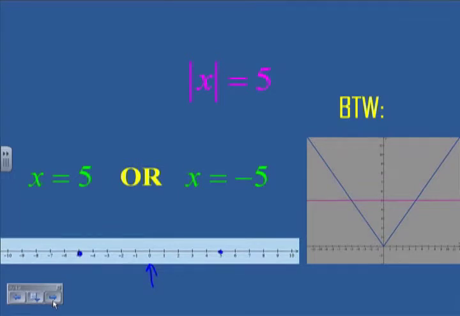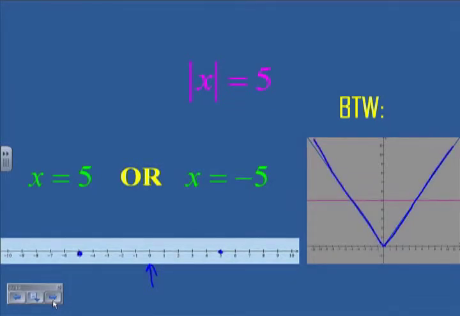Now, by the way, I decided to give you another way of looking at this problem and the next couple that are related to this. What I've put up here is the graph of y equals absolute value of x. Remember back when we did our library of functions and then we did transformations? We graphed that absolute value to be the V. Okay, so the blue graph here is the absolute value of x.